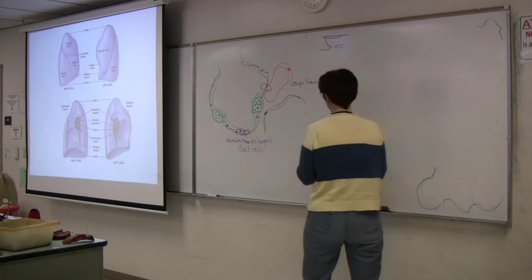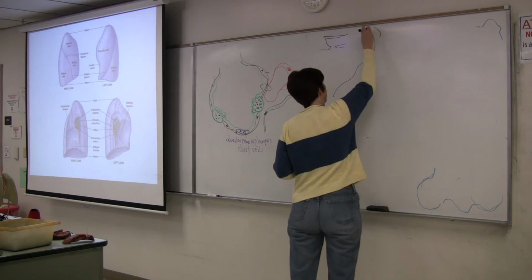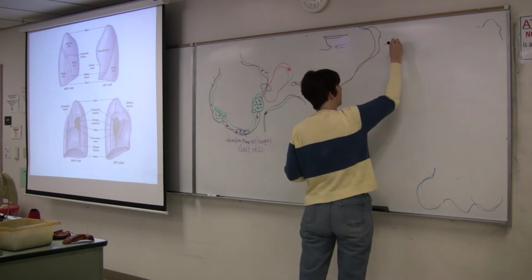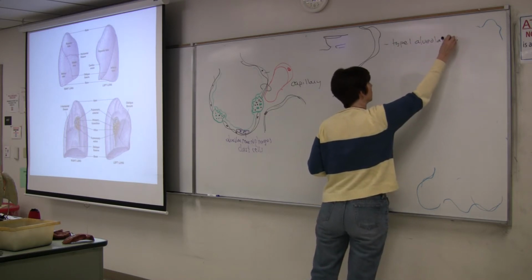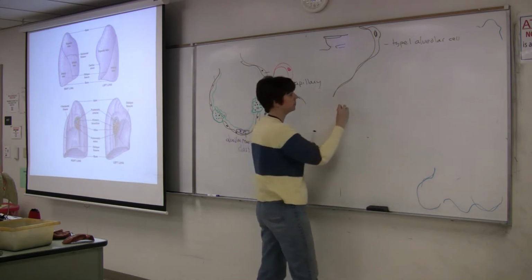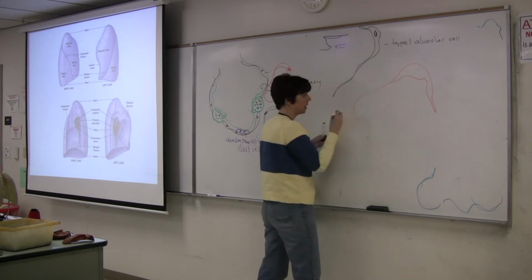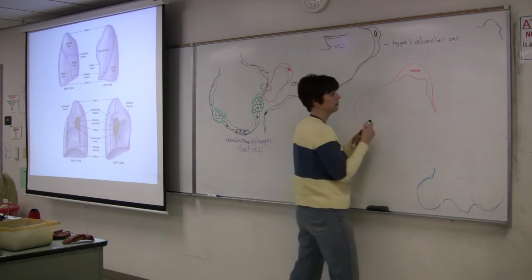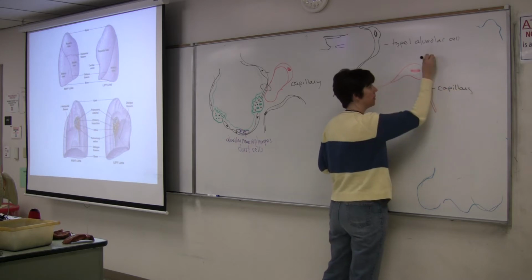So it's a sandwich of simple squamous epithelium, our type 1. So this is our type 1 alveolar cell. Simple squamous epithelium. And here's our capillary, simple squamous epithelium. They're both simple squamous.